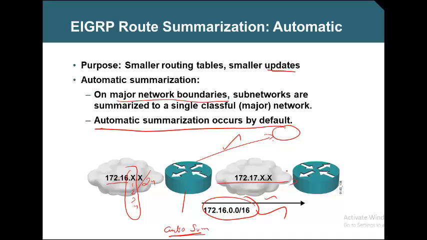On the receiving router, the CPU utilization will be less when you send only the summary route instead of multiple detailed routes. Not only that, the bandwidth consumed on this link when you send the update will be comparatively less. Not only that, on the receiving router's routing table, when I send only the summary route, the routing table is going to be smaller.